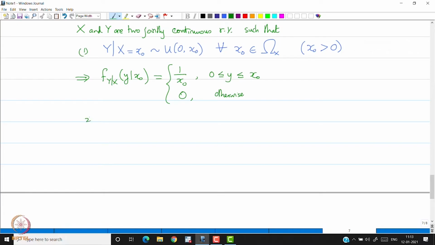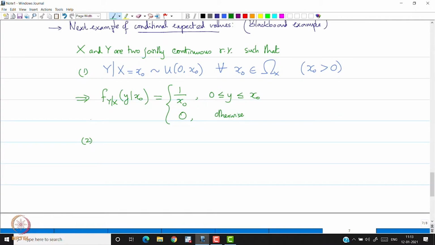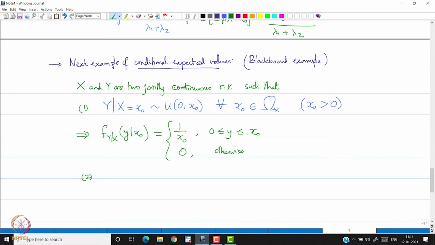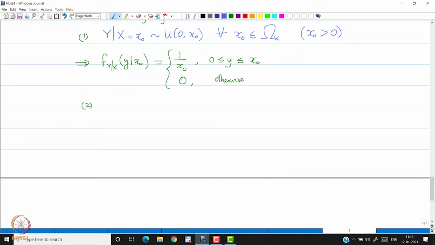The second point is that to write out the joint statistics, we also need the PDF of X. So now let us assume that X by itself has the unconditional PDF uniform on 0 to 1.